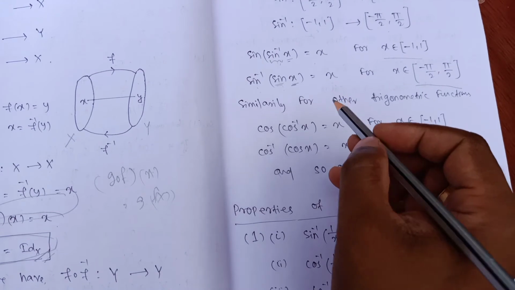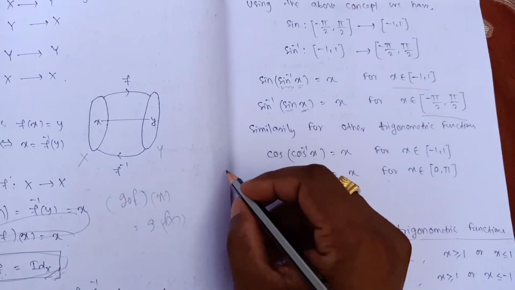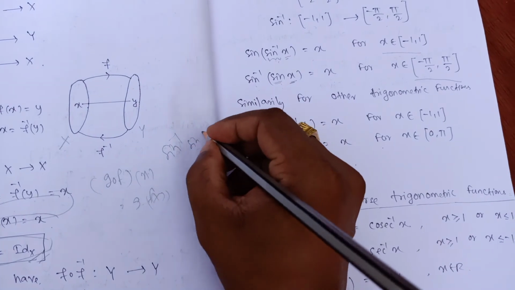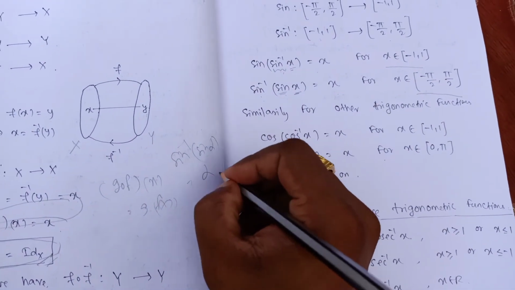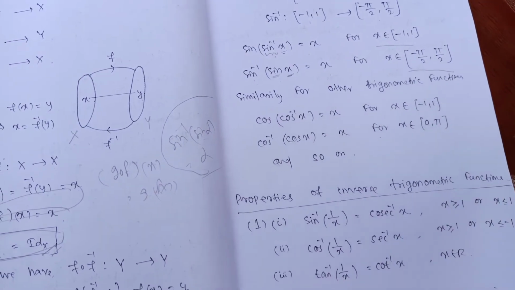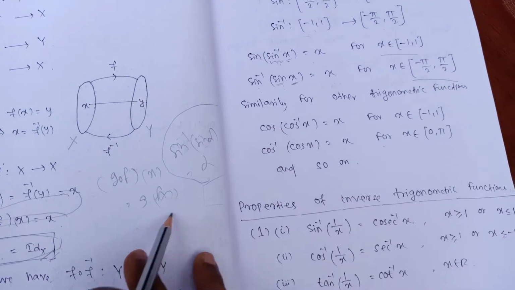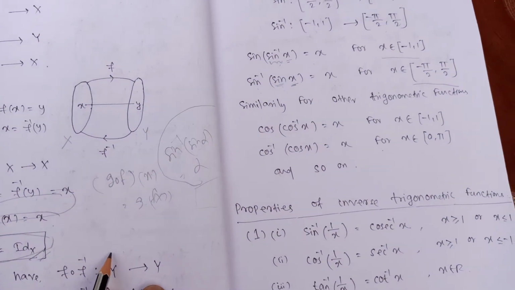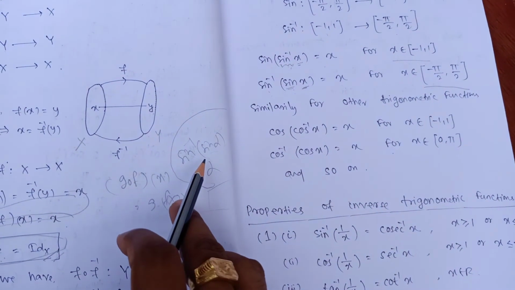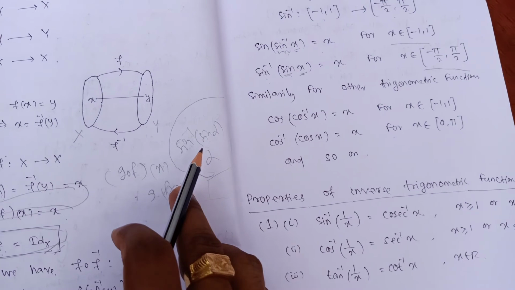Now one more thing: can we say that sine inverse of sine alpha is equal to alpha always? It's not true always. It is true only when alpha belongs to the domain of sine, that is minus pi by 2 to pi by 2.